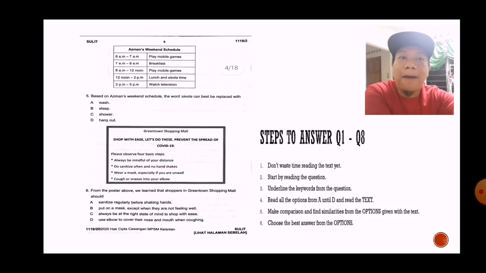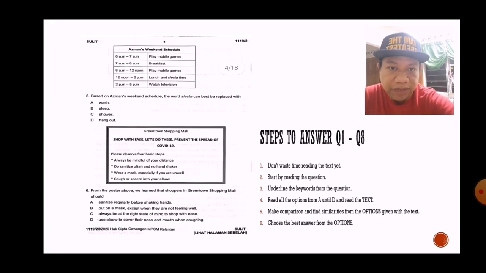So siesta means sleep lah. Of course. So the answer is B. Alright, so next one. Next is number 6. Right, so from the poster above, we learn that shoppers in Greentown shopping mall should.